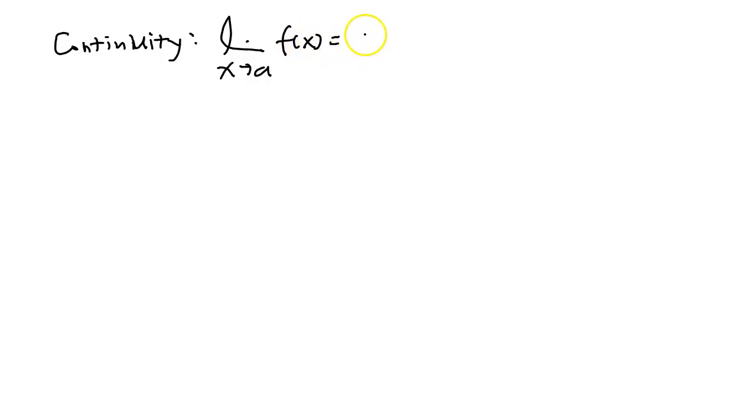Okay, now let me talk about continuity and differentiability. So let's recall what continuity is. Continuity is when you can say the limit as x goes to a of f of x is equal to f of a. If this happens, then we say the graph is continuous.